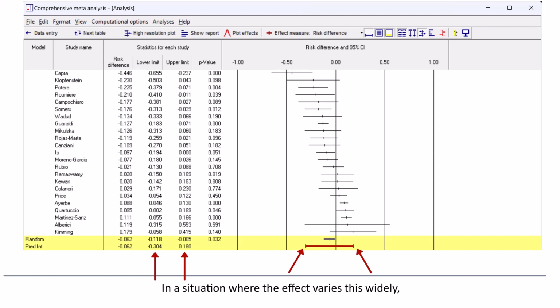In a situation where the effect varies this widely, the mean is a poor way of summarizing the results. If we focus on the mean, which is 6 points in favor of the drug, we lose track of the fact that there are some studies where the true benefit may be substantially higher than that. And we also lose track of the fact that there are some studies where the treatment may be harmful.